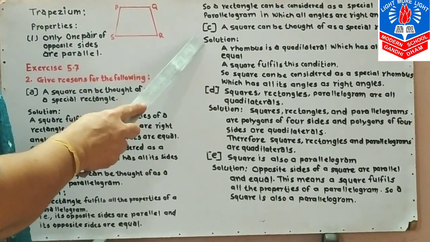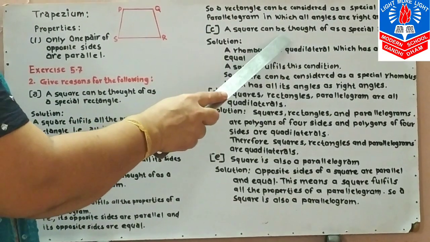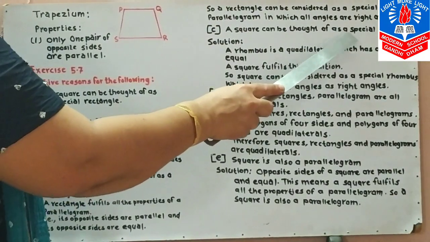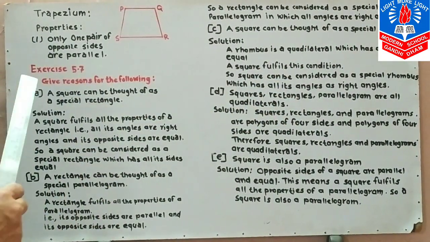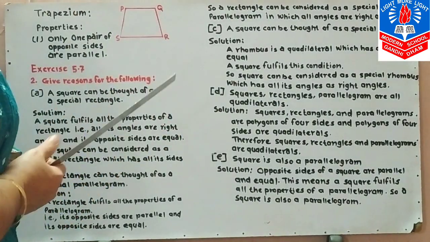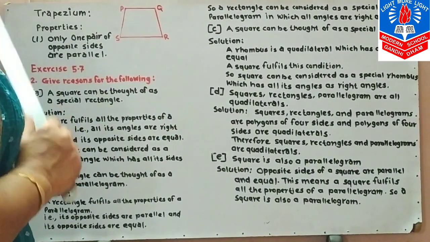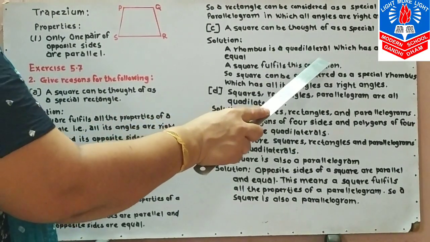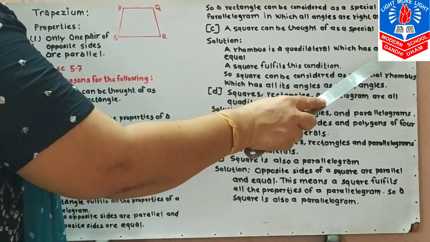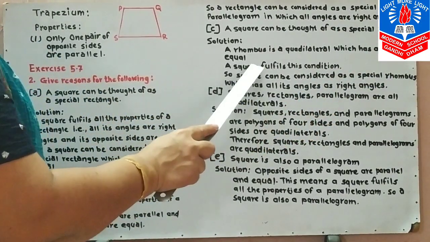Third one, C, a square can be thought of as a special rhombus. A square is a special rhombus, so we have to give the reason why. So our answer is, a rhombus is a quadrilateral which has all its sides equal.